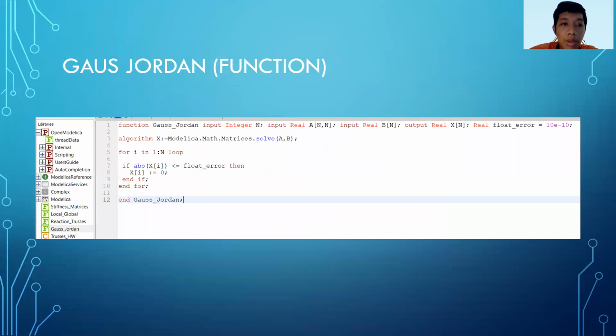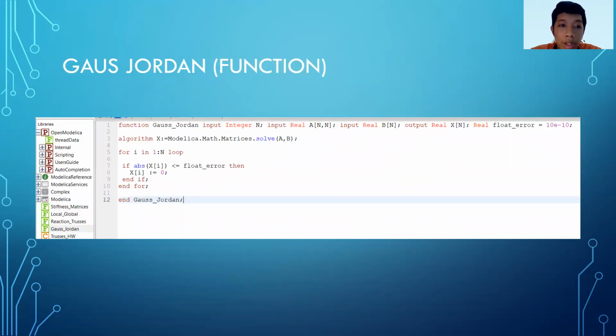We move to Gauss-Jordan. This Gauss-Jordan gives the solution of every reaction or deflection in these trusses. We can see the input is the integer n and real A in a matrix, the input will be b, the output is x, and we also define the real float error.